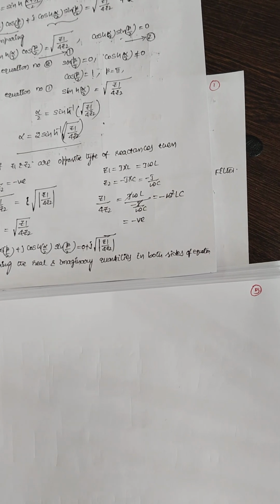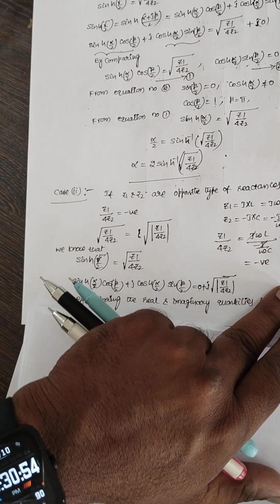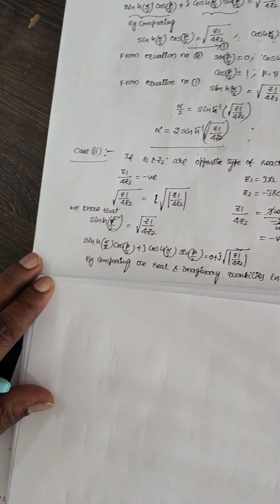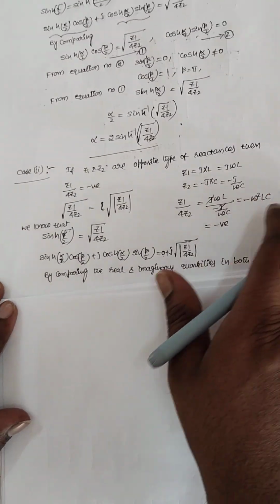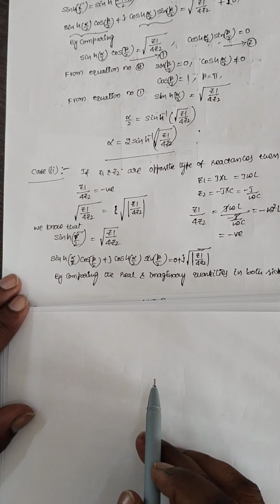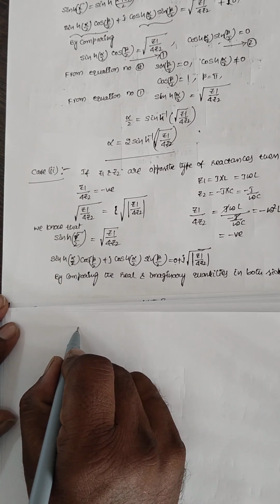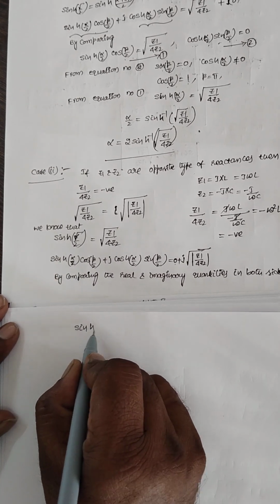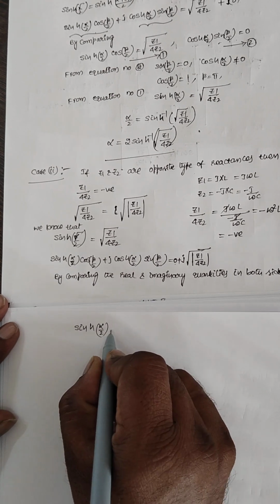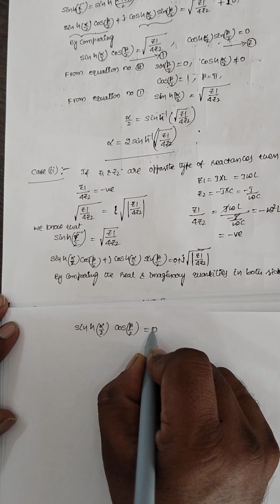After comparing the real and imaginary parts on both sides of this expression, the real part here is sin h alpha by 2 cos beta by 2 is equal to 0.